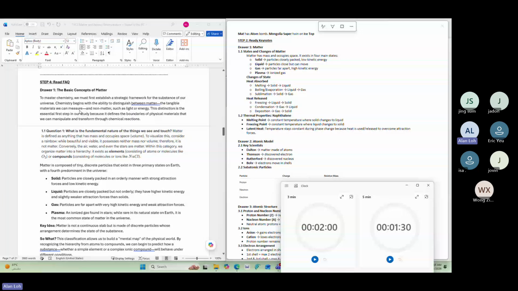Frequently asked questions. We will do drawer 1 until, let's see. Okay, drawer 1 here until the different conditions, the entire question number 1. We will do, let's do 2 minutes. Let's start slowly a bit. Okay, for question 1.